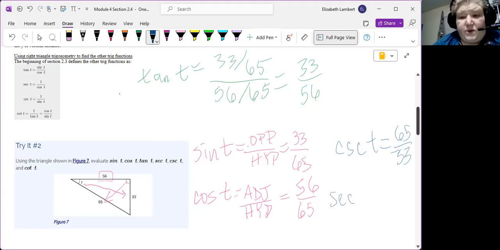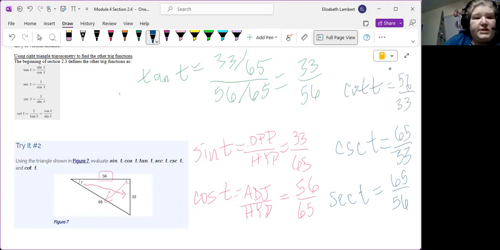Cosine goes with secant. This is 65 over 56. And then, of course, cotangent goes with tangent, 56 over 33.